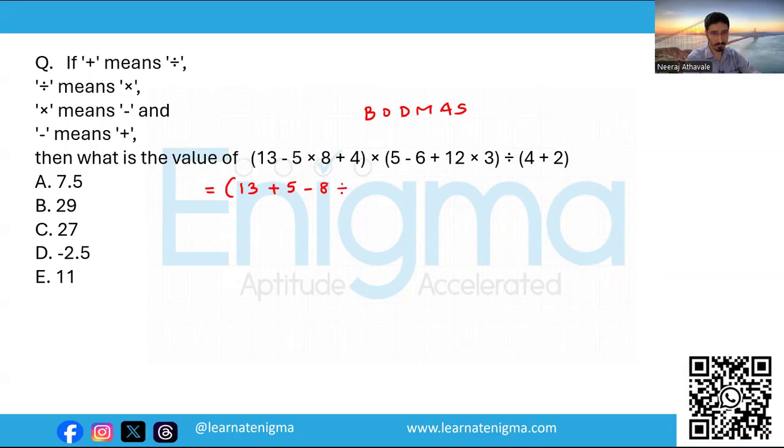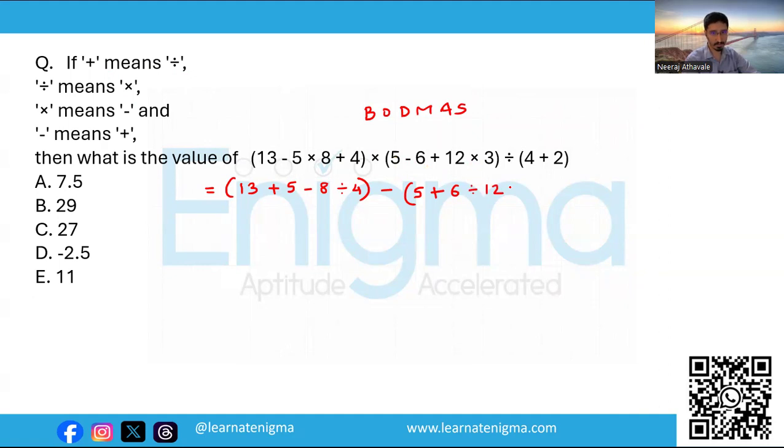That means divided by 4. Okay. Multiplied by means minus. Here we have minus. In bracket 5 minus means plus. So plus 6. Plus means division. So divided by 12.